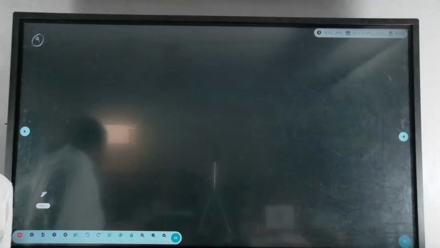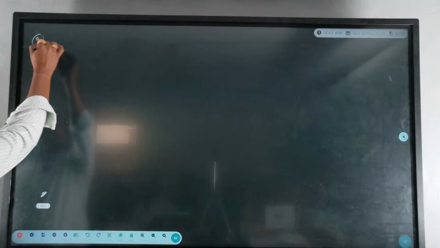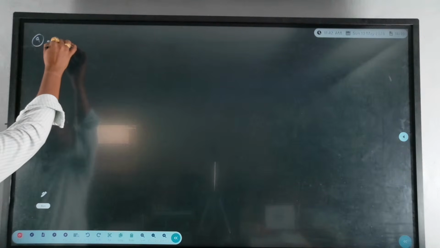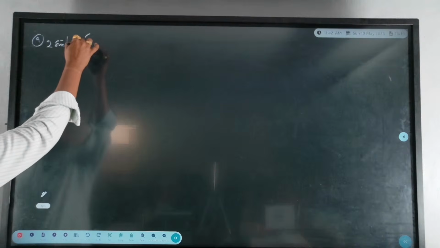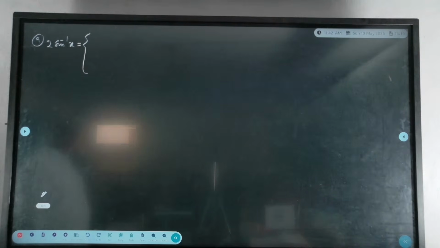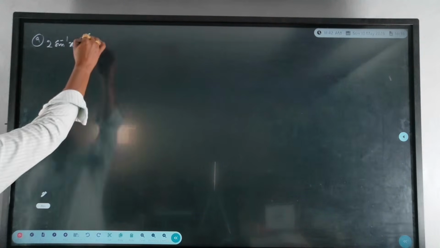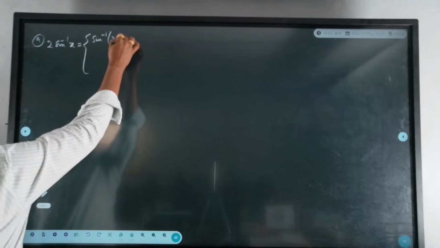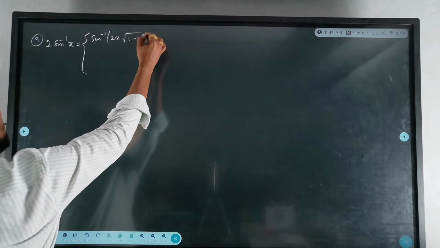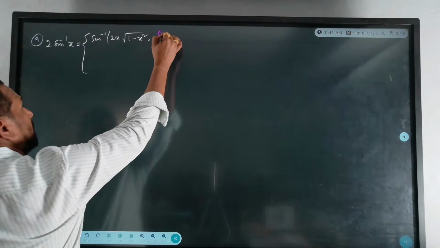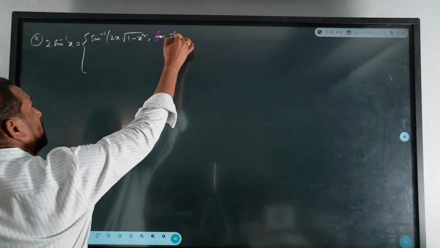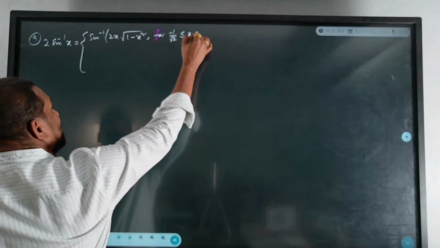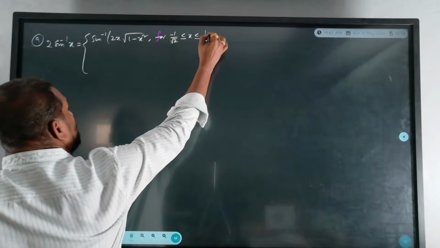Note down these results, I will explain. 2 sin inverse x is equal to sin inverse 2x root 1 minus x square, here for minus 1 by root 2 less than or equal to x less than or equal to 1 by root 2.